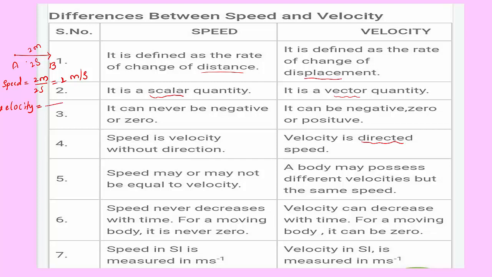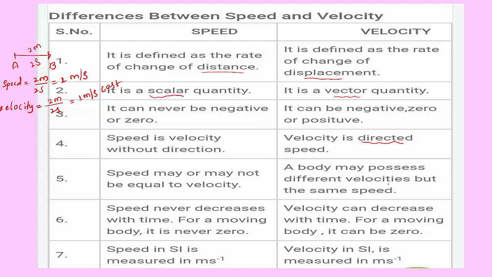Displacement is again the shortest length between any 2 points. Again it is 2 meter, time is 2 seconds. So again we got the same answer, 1 meter per second. But it is along the east direction. So speed and velocity may be equal when their directions are the same. When their directions are different, then both are not equal.